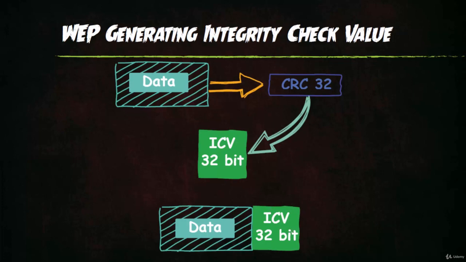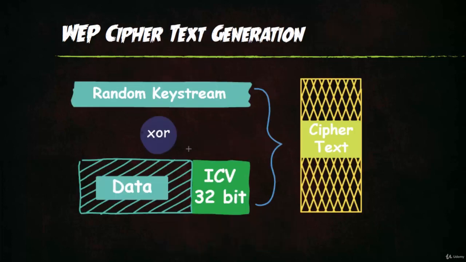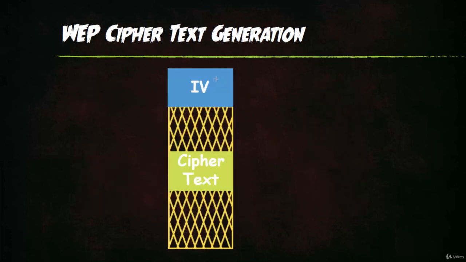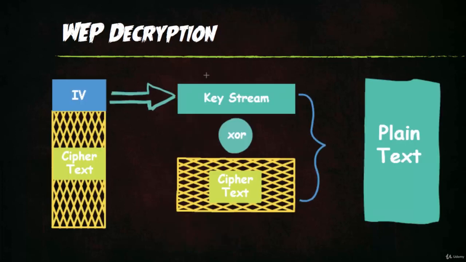We combine the 32-bit ICV with the data, and we perform an XOR operation with the random key stream on it, so that we get a ciphertext. Then we pass this ciphertext along with the IV, which is the initialization vector, to the client or supplicant. So the supplicant can decrypt this ciphertext in the same manner. So this is how the WEP algorithm works.